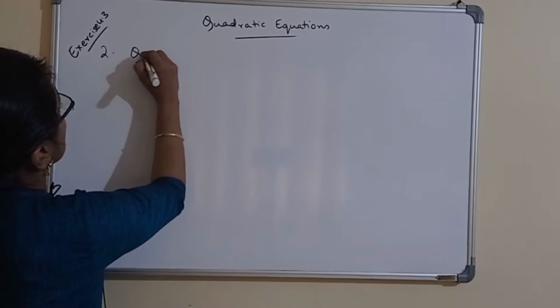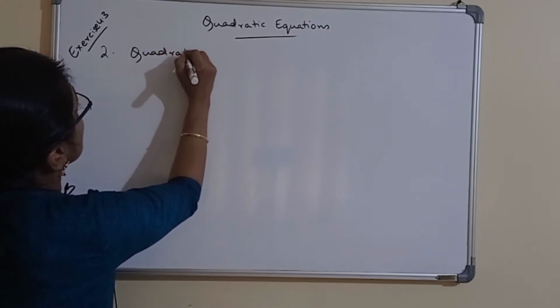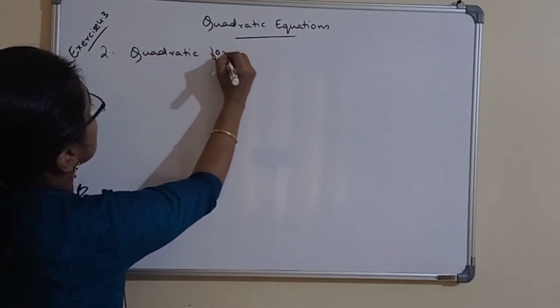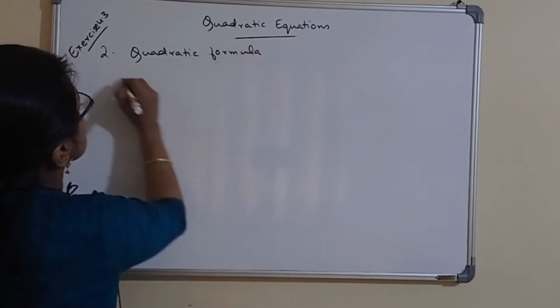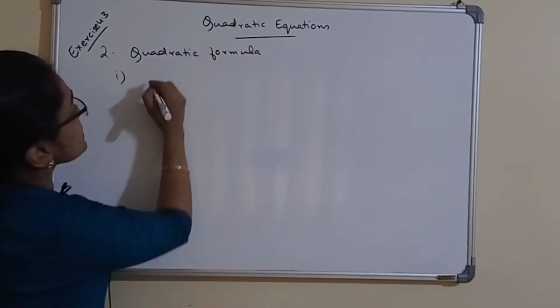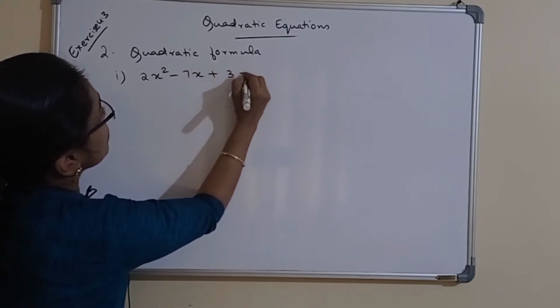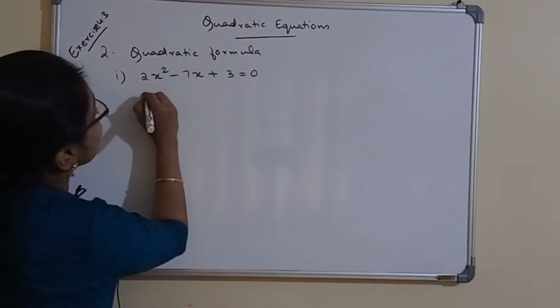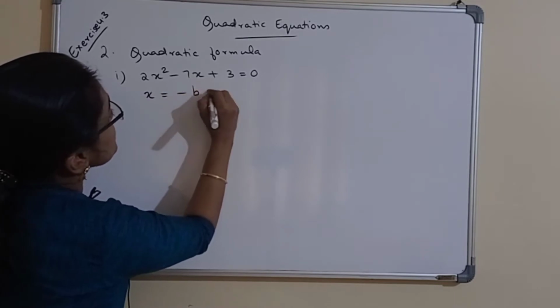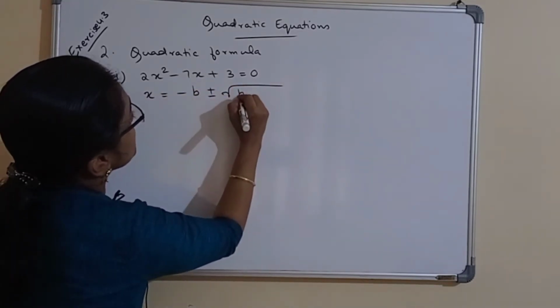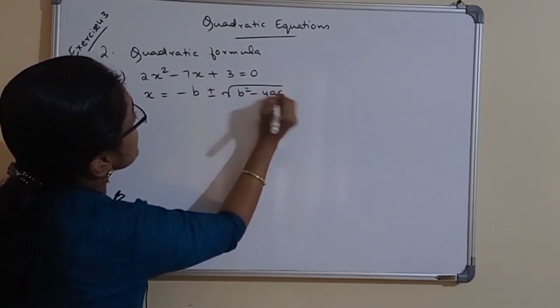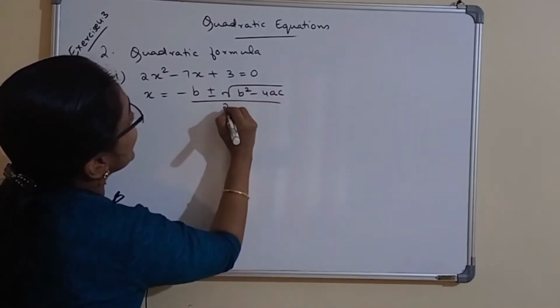The first equation is 2x square minus 7x plus 3 equal to 0. What is the quadratic formula? x equal to minus b plus or minus root of b square minus 4ac by 2a.